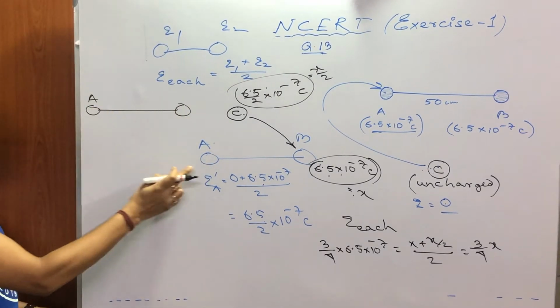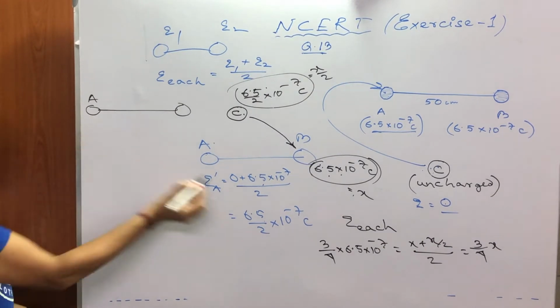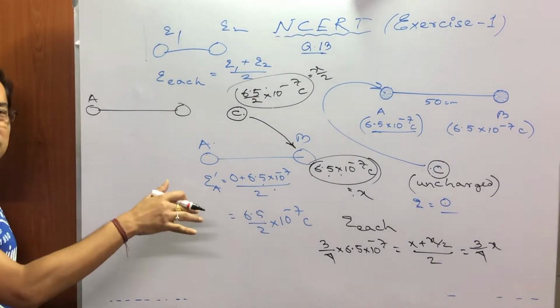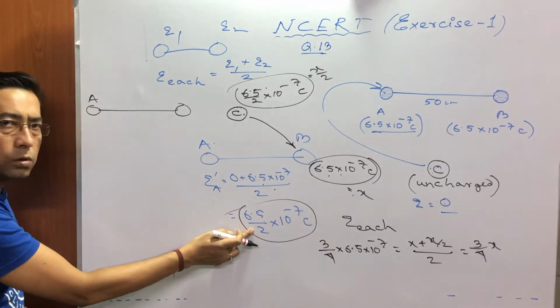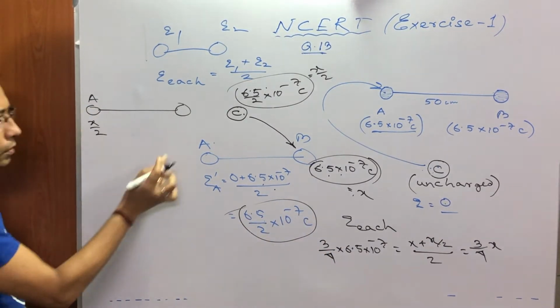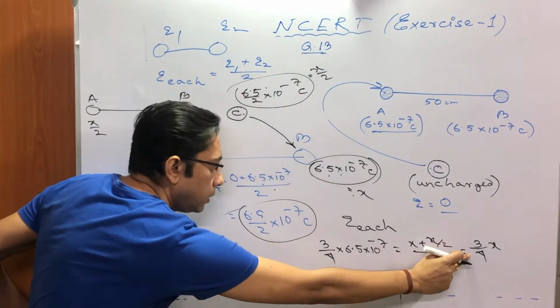A, blue, becomes black now and has this much charge. Let us write in terms of x only. A is x by 2. B is 3 by 4 x.